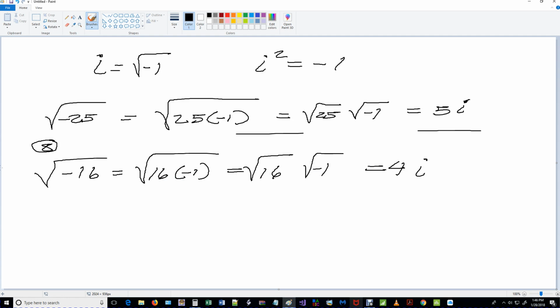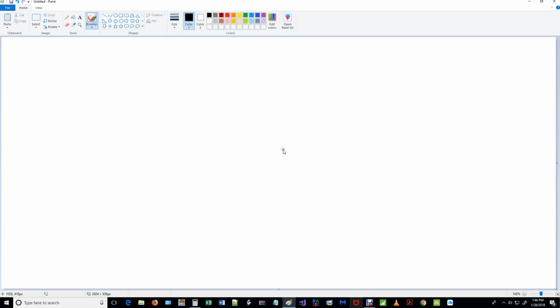Now, next problem is similar. But before we do the next problem, let's remind ourselves about something. Whenever you have, for example, the square root of 24, to simplify, let's see if we can find a square inside of 24. You can do 2 times 12.